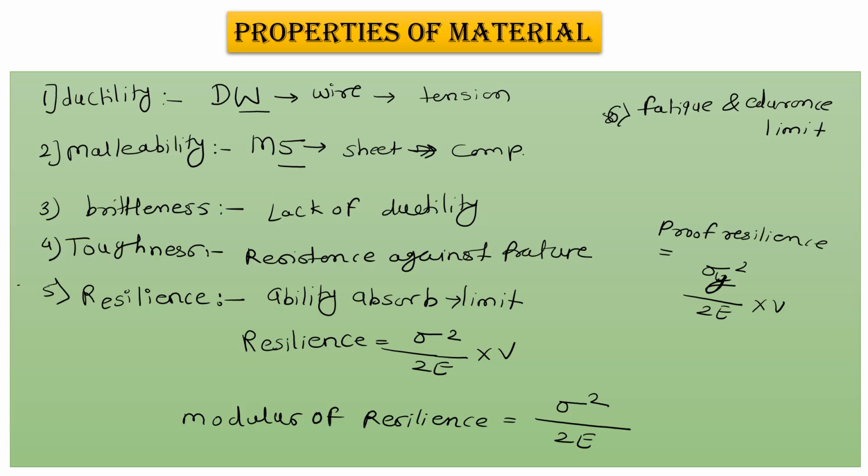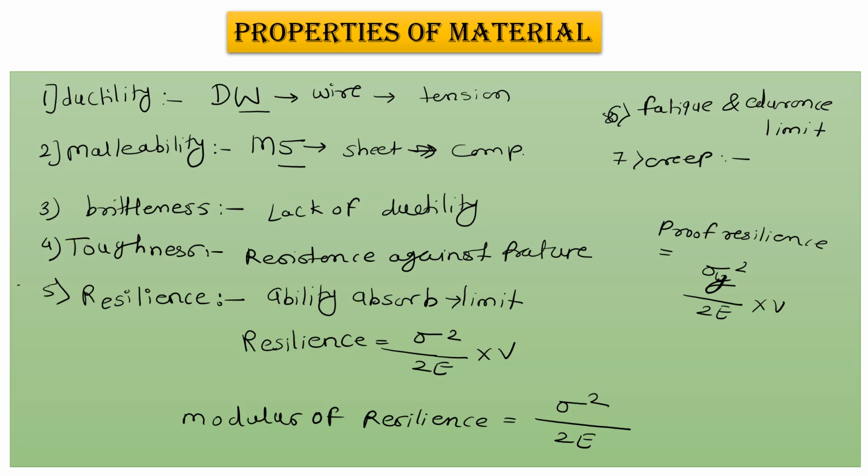Then last is creep. Creep is nothing but a permanent deformation due to continuous loading with time, or the continuous deformation with respect to time. So these are the properties of a material.